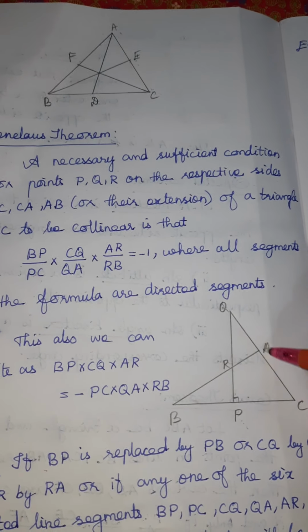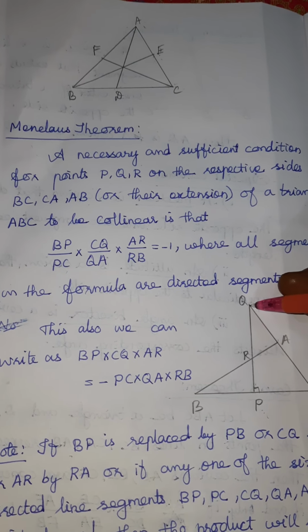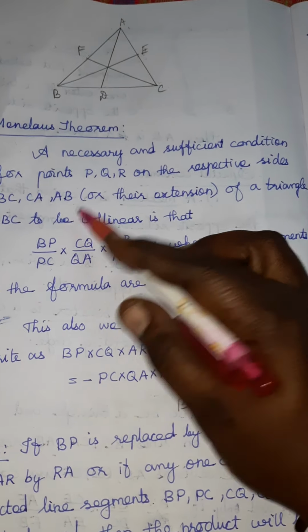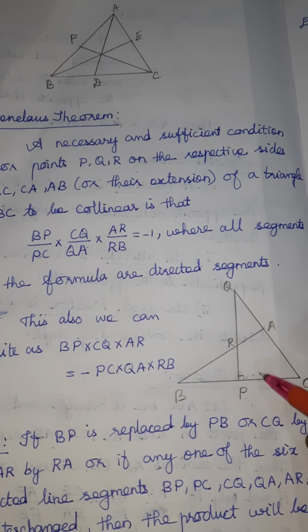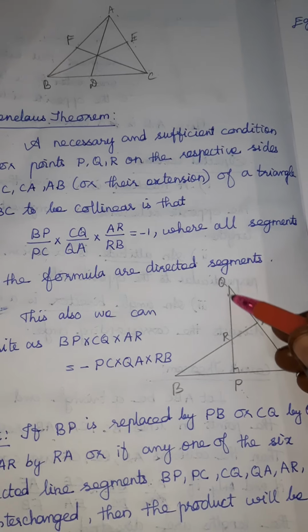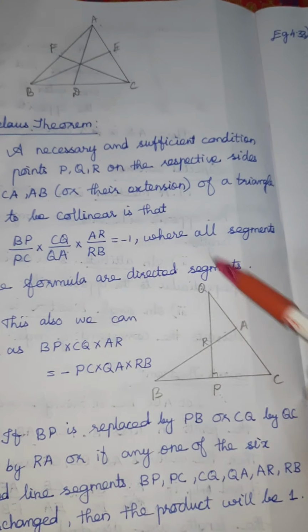The CA is a line but it is extended. On that line you will get a point Q, and on line AB we have the point R. These three points are on the same line, that means collinear. Then this condition will be satisfied.